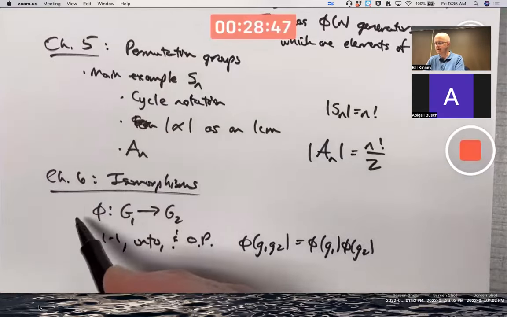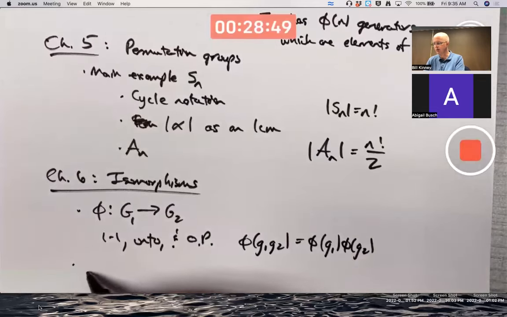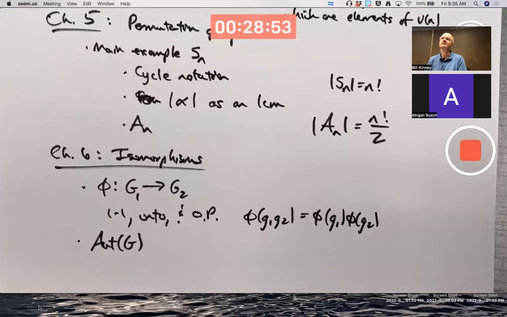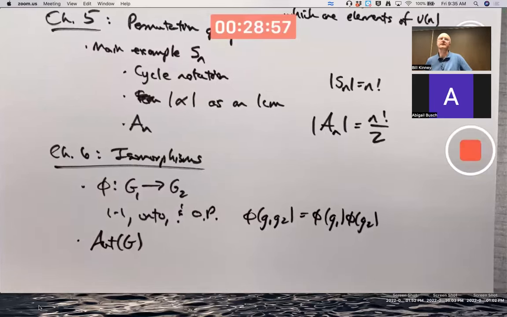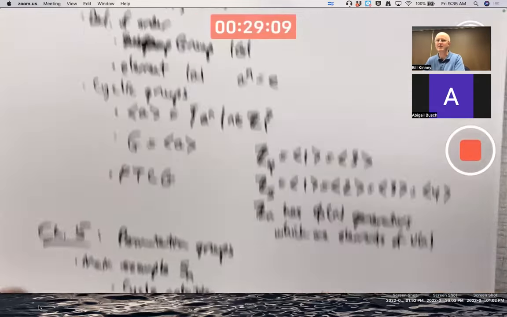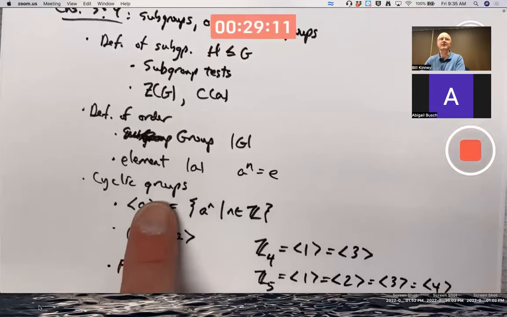There's also a discussion in this chapter about groups of automorphisms, Aut G. Automorphism means isomorphism from a group to itself. Auto means self. So automorphisms are isomorphisms. I forgot to remind you, back up here, all cyclic groups are abelian, but not all abelian groups are cyclic.